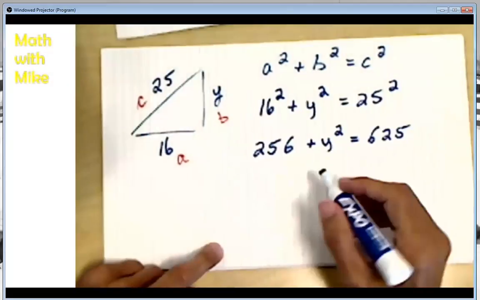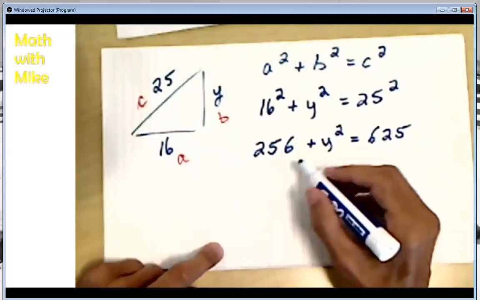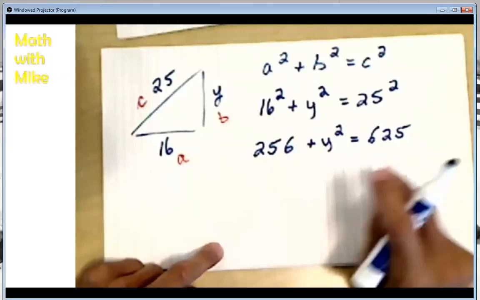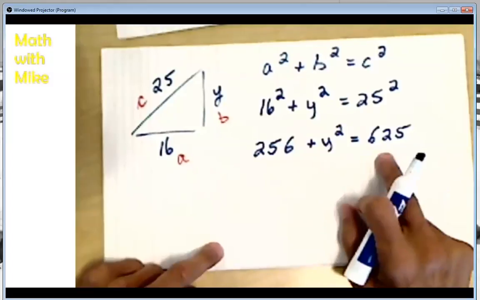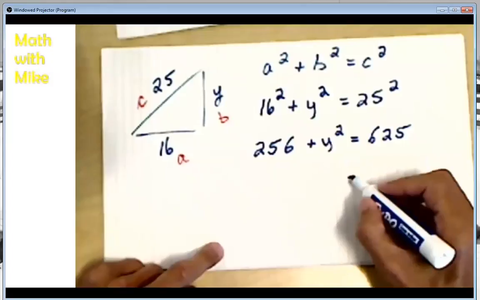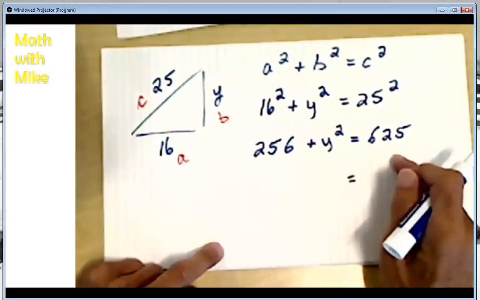And now we should change the sides. We should put 625 first, but it should be minus because we're going to switch.